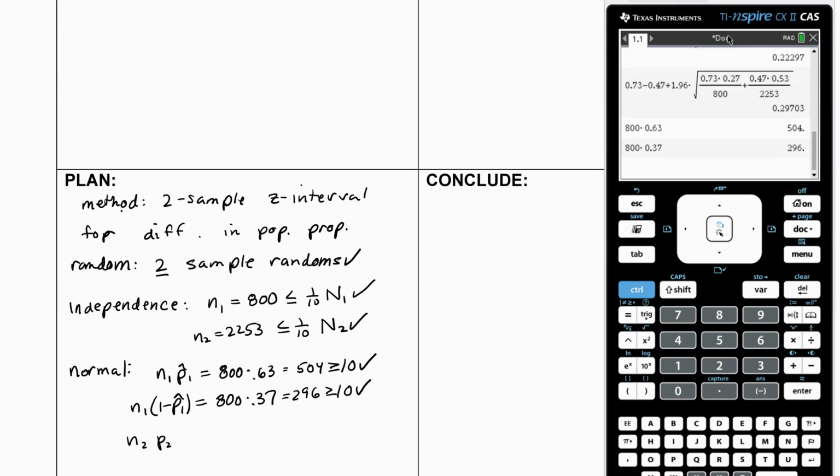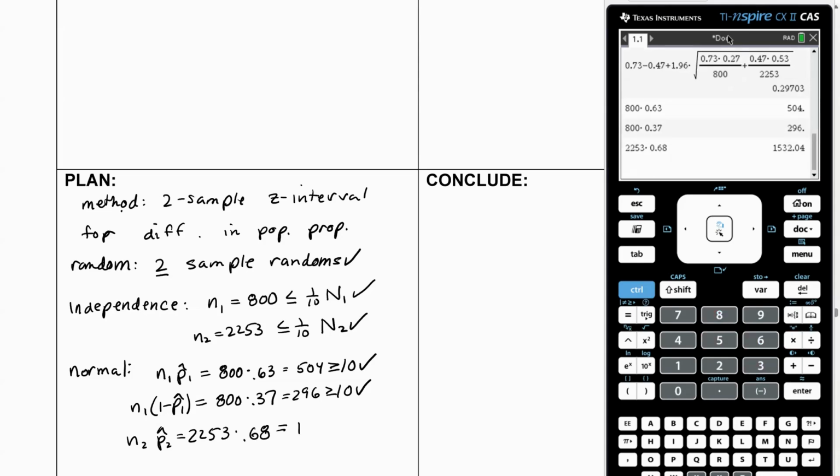N2 P hat 2 is the 2053 times the 68% of adults in that survey that said they go online daily. And that number, 1,532.04, round to the nearest person, is greater than or equal to 10.